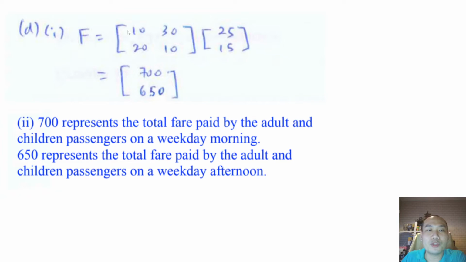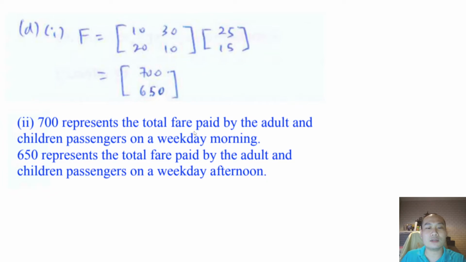So from here, we know that the first row is actually morning, second is actually afternoon. So you can see here 700 is for morning, right? 650 is for afternoon. Then the column, what does the column represent? The column represent the fare, right? Total fare. So when we are writing down in statement to explain what the matrix is, we need to have this information, what the row represents, what the column represents, right?